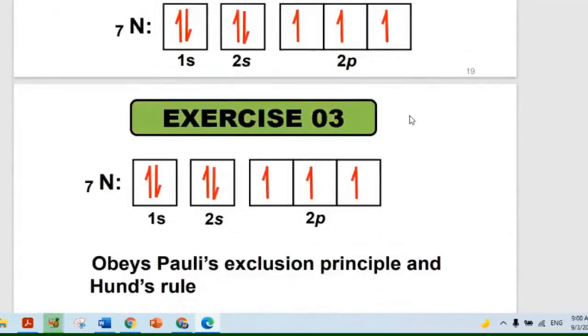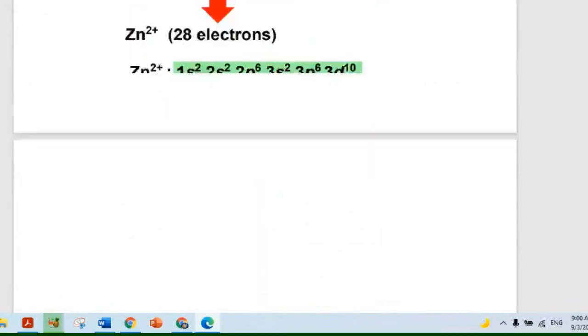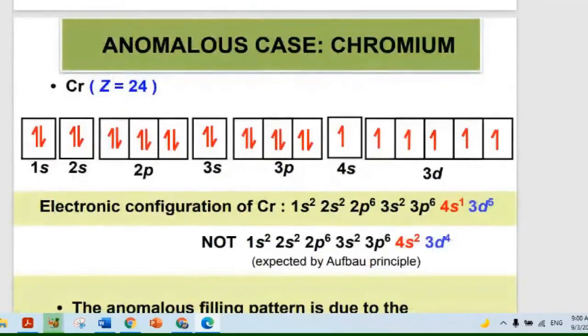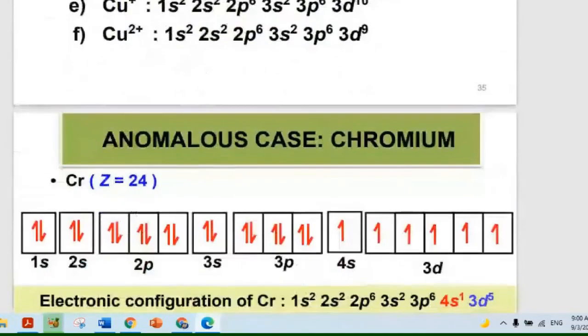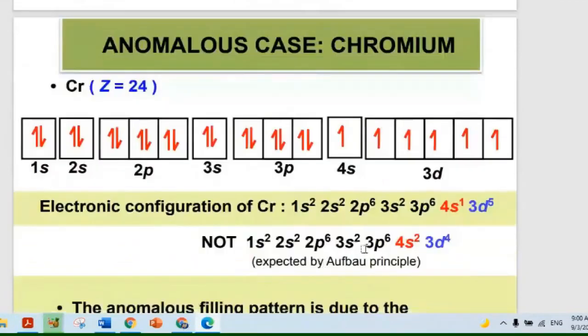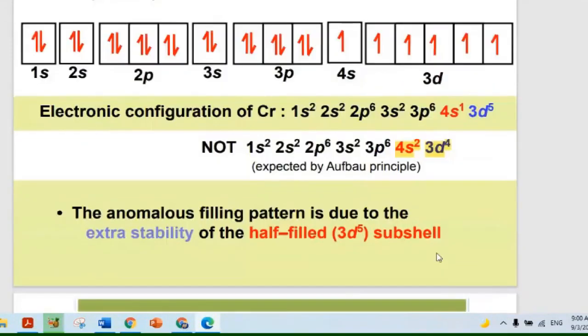principle. Okay, and then there are 2 exceptional cases that happen for chromium and copper because, if according to Aufbau, 4s2 3d4 for chromium, but actual one is 4s1 3d5. One of the electrons from the 4s orbital transfers to 3d. Why? Because the 3d5 half-filled subshell has extra stability.